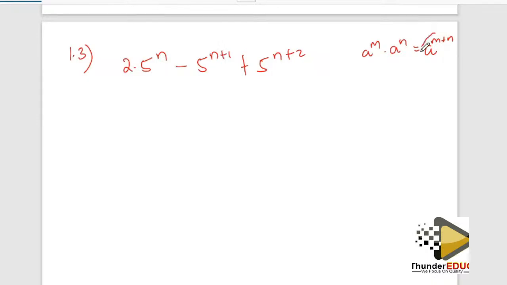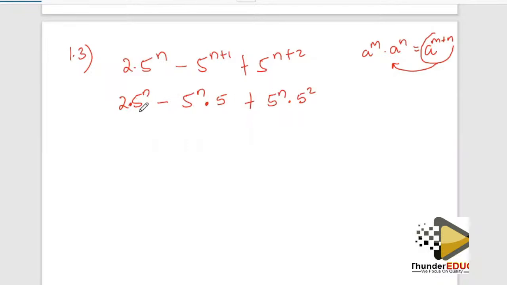So I want us to move from this format back to the original. The first one I can leave, since there's nothing special. But with the second and third terms, I have to split up. That's going to be 5 to the n times a normal 5, and then plus 5 to the n times 5 squared, because of the laws of exponents.